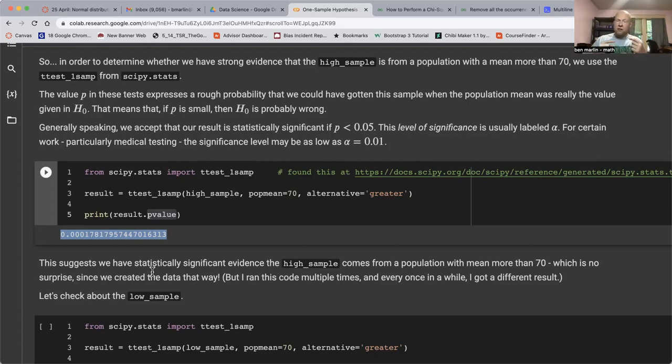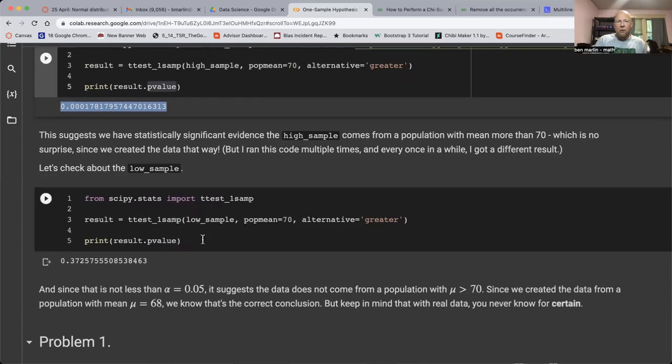But this is showing us how the process will go, okay? If you've got some other population that you pull and you don't know, if you get a p-value that's super duper small like this, that tells you, yeah, the mean was larger than 70%, okay?